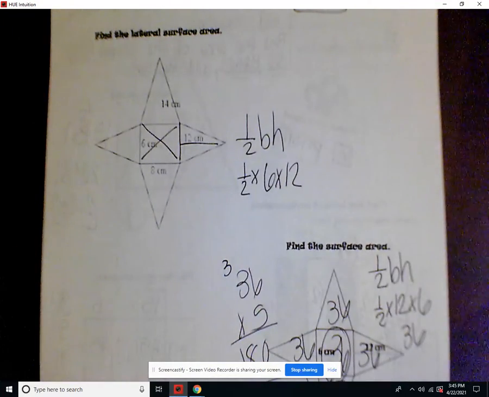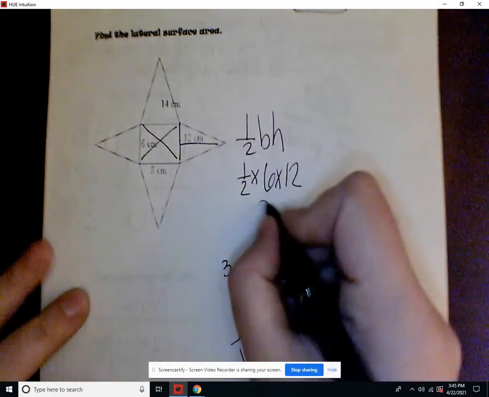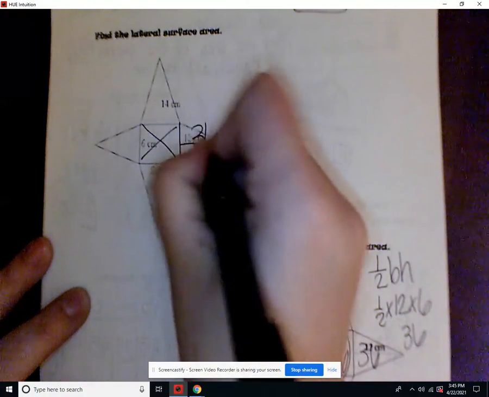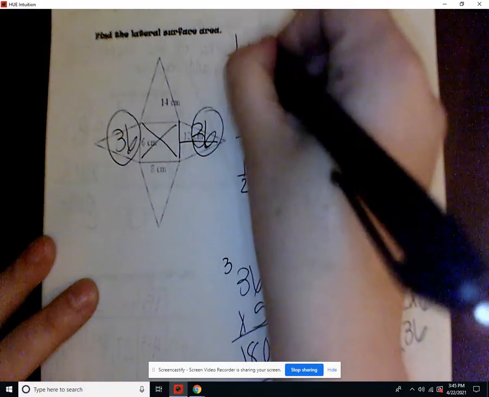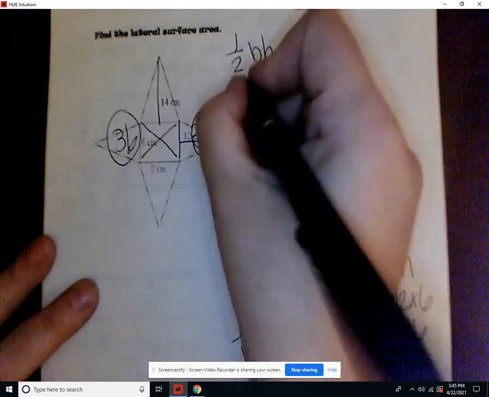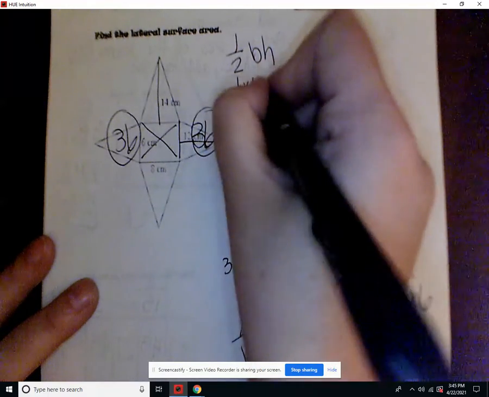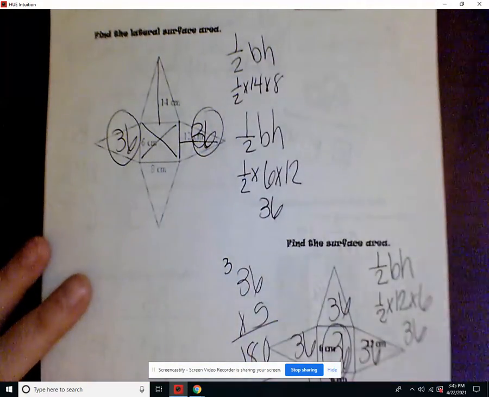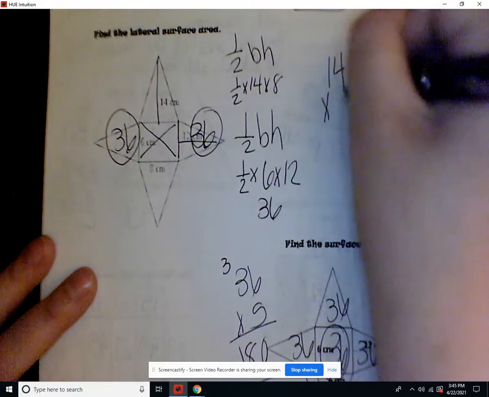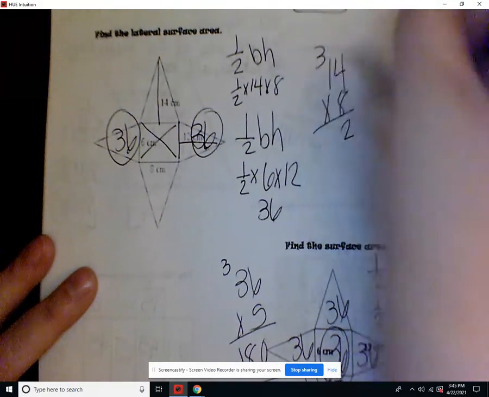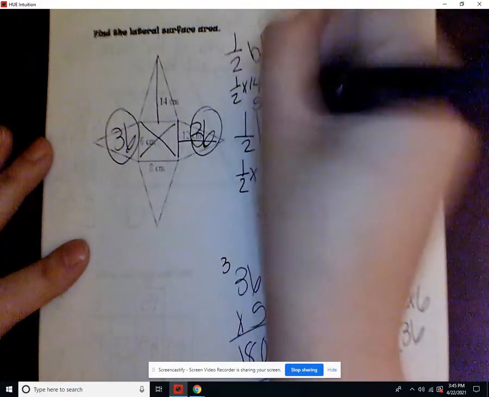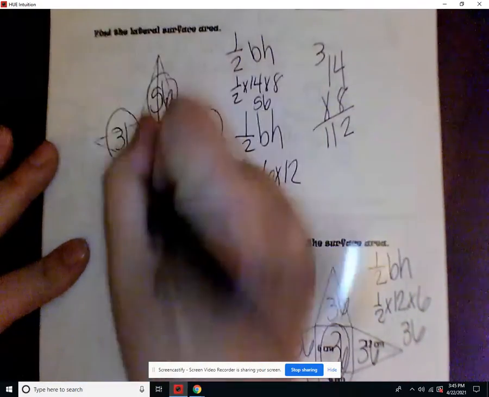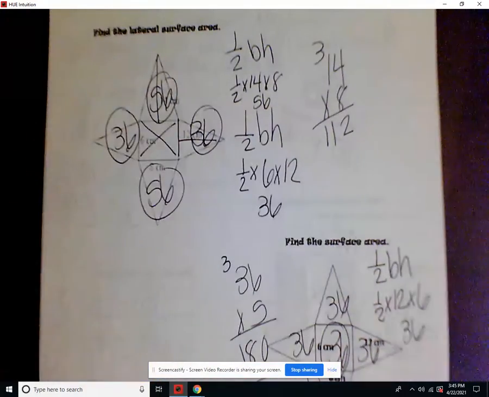So 6 times 12 is 72. Half of it is 36. And then our other triangle, we have 14 and 8. So 14 times 8 is 112. Half of 112 is 56. So we have 56, 56.